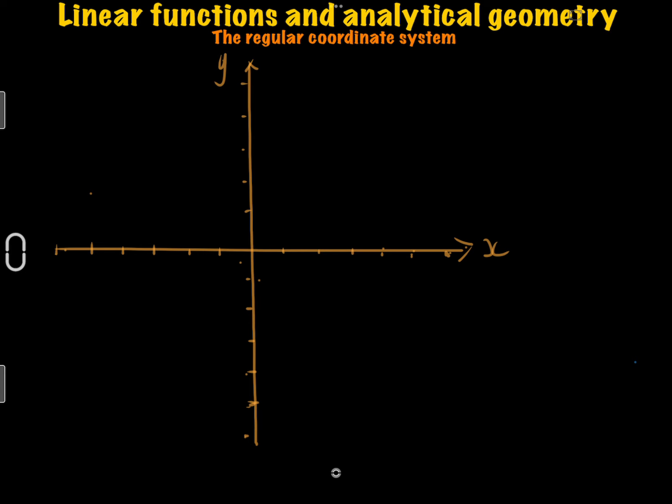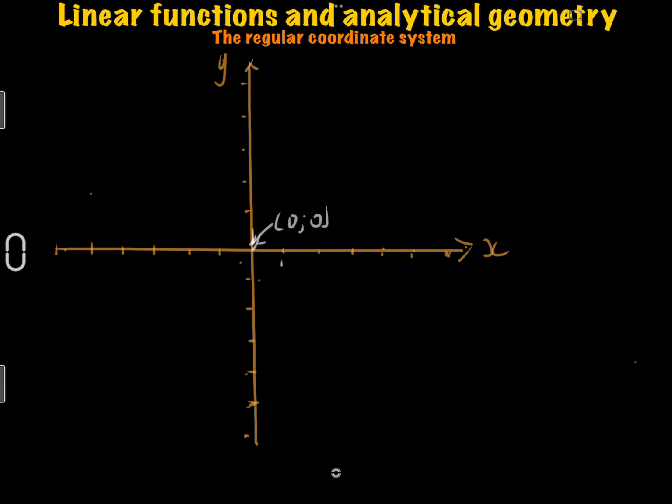So we know from the origin, starting from this point here, x is 0 and y is also 0. So that's our origin.